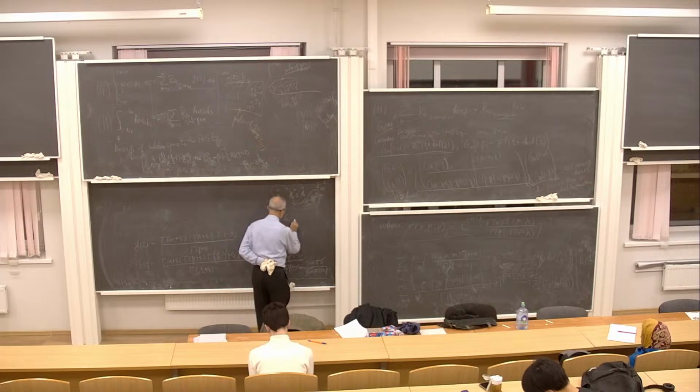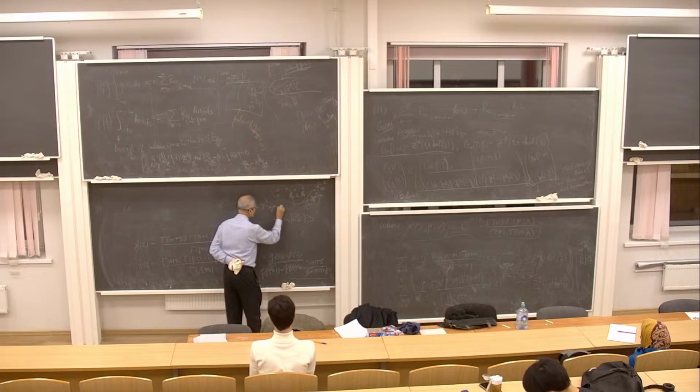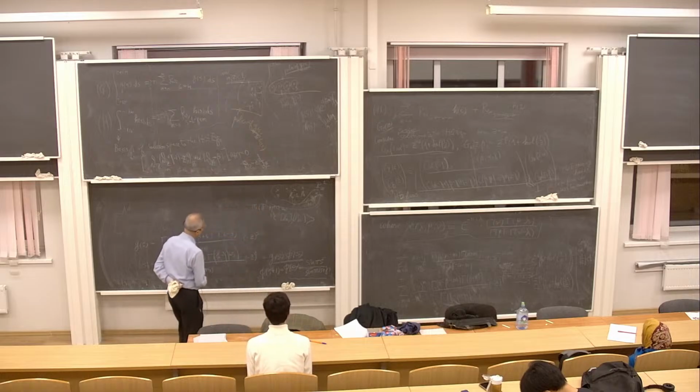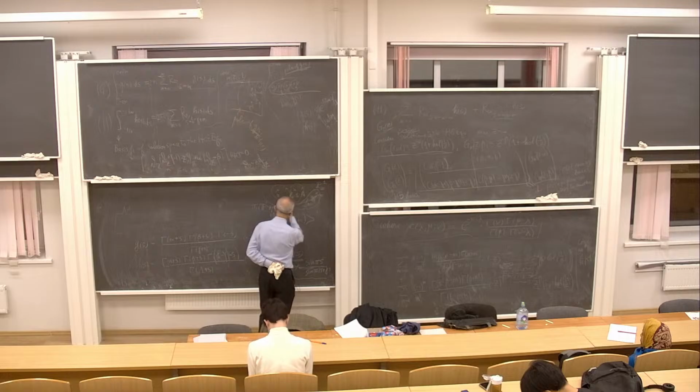So now let us consider L0 and L infinity. So we understand pi 1 of P1 minus 3 points, with some fixed point, as a group generated by two generators, L0 loop and L infinity loop.